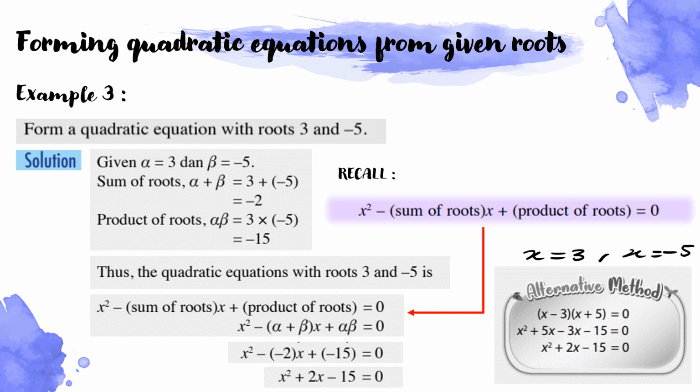So how to put in the brackets? Move to the left hand side. So x minus 3 and x plus 5 equal to 0. Then we expand the brackets, and we will get x squared plus 2x minus 15 equal to 0. So this is the alternative method. But we learn how to form a quadratic equation using x squared minus sum of roots and product of roots equal to 0.